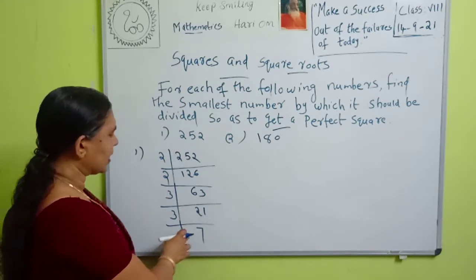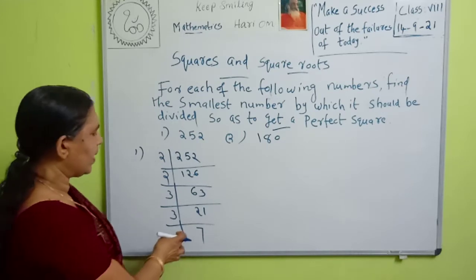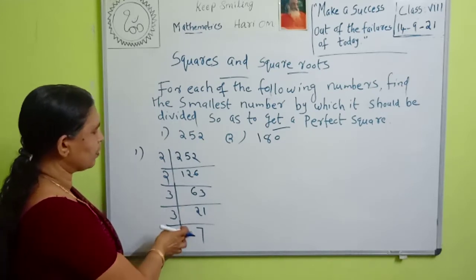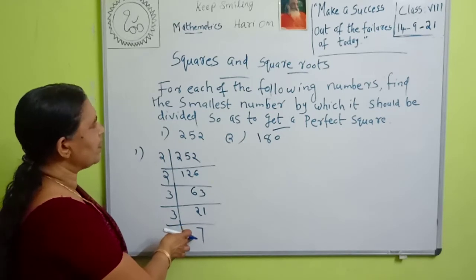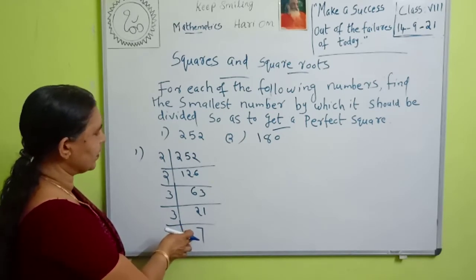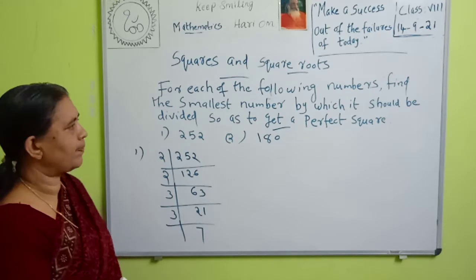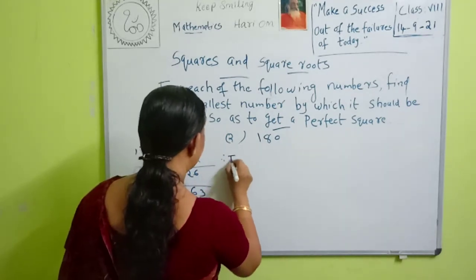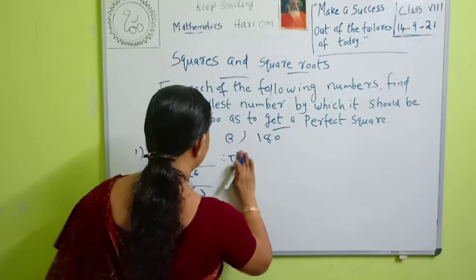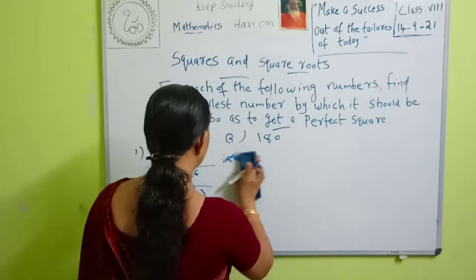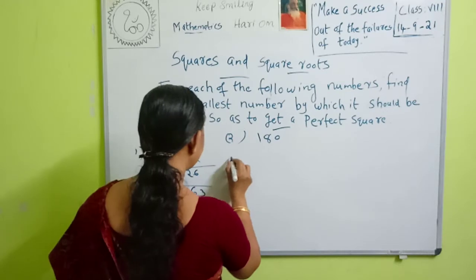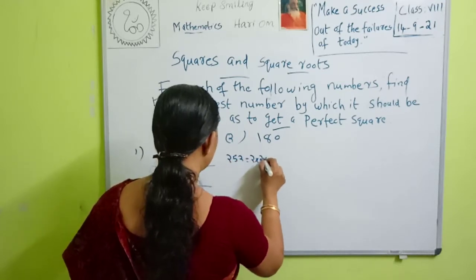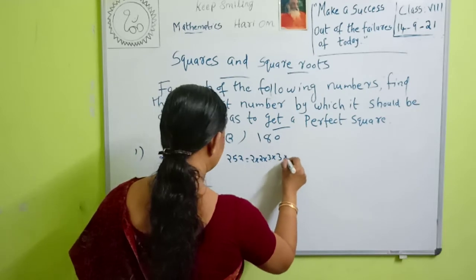Then which number has no pair? Here the number 7 has no pair. So the smallest number by which it should be divided so as to get a perfect square is, for the first question, 7. Therefore the required smallest number here: 252 is equal to 2 into 2 into 3 into 3 into 7.